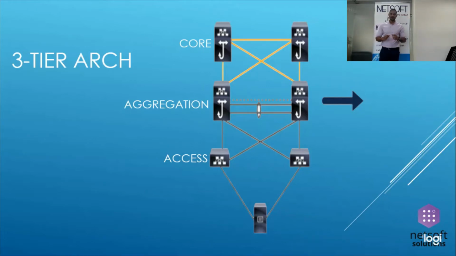So the challenge we have in this three-tier architecture is, as you can see, it is not a completely or fully mesh architecture, it is a partial mesh architecture, where if you have a loop in the network, it will block. Why? For an example I have given here, I have connected a server to two different access switches.